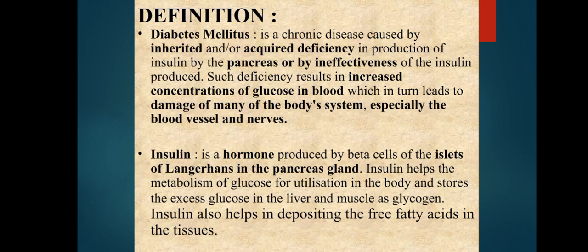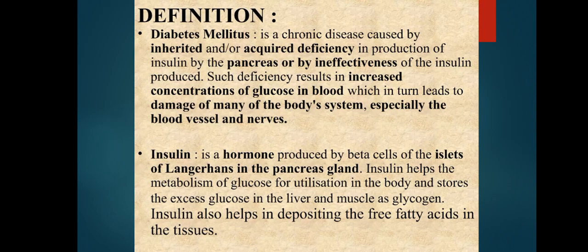In diabetes mellitus, there is a deficiency of insulin or the cells have ineffectiveness regarding insulin, meaning the cells do not recognize the function of insulin. Cells will not respond to insulin. These are the two conditions in diabetes mellitus: either the beta cells do not produce insulin or the body cells do not respond to insulin.